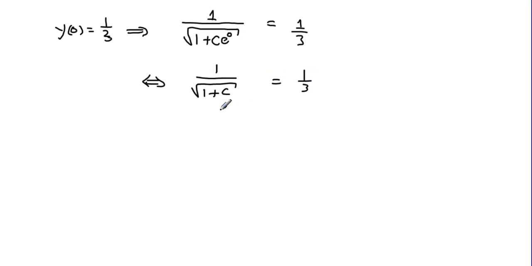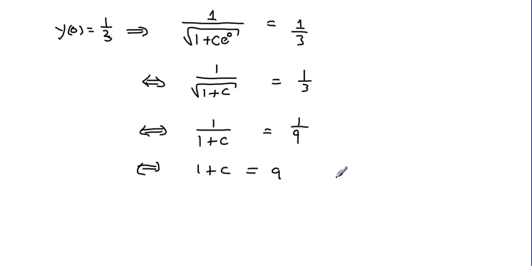Now squaring both sides, we get 1 over 1 plus c equals 1/9. Inverting both sides, we get 1 plus c equals 9. And then we can say, therefore, c equals 8, subtracting 1 on both sides.